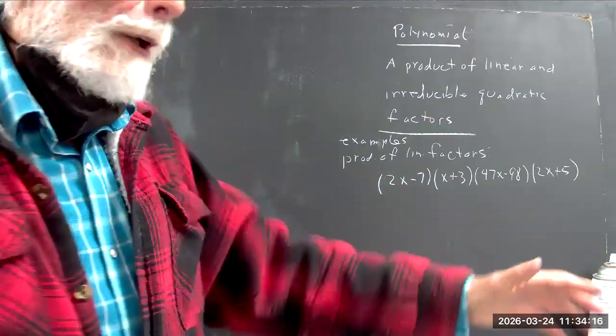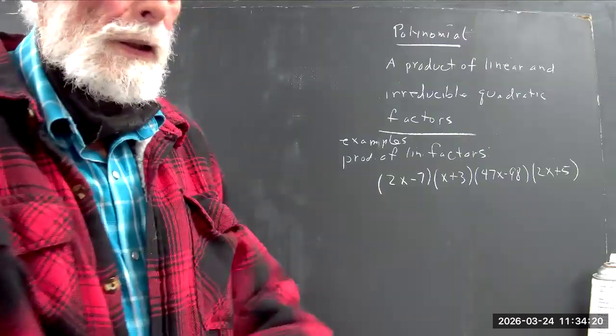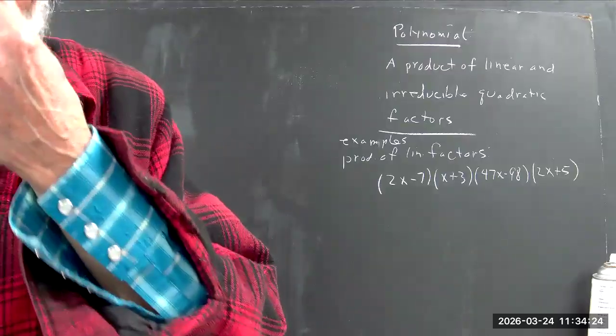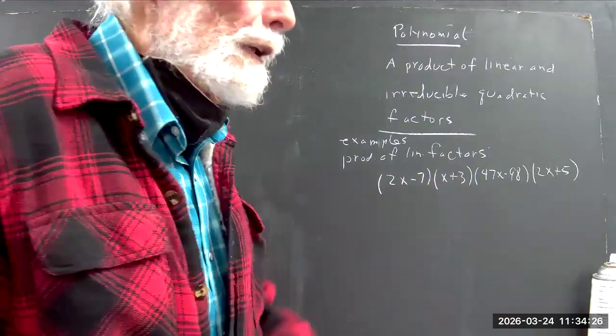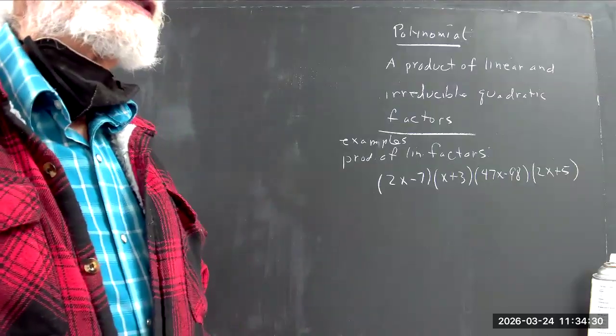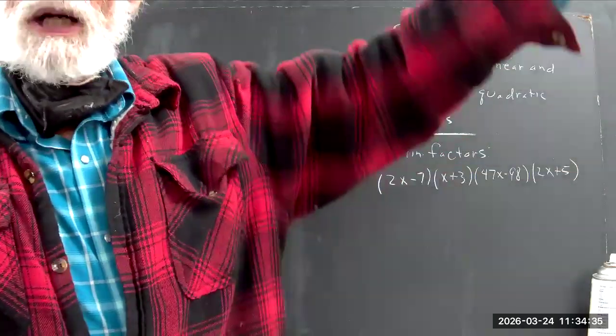When you multiply them all together, well, if you multiply two of them together, you get a quadratic graph, which we just saw. Okay? If you multiply three of them together, you get a cubic graph, which means that the shape of the graph, if you zoom way back, is going to be like an x cubed power function.